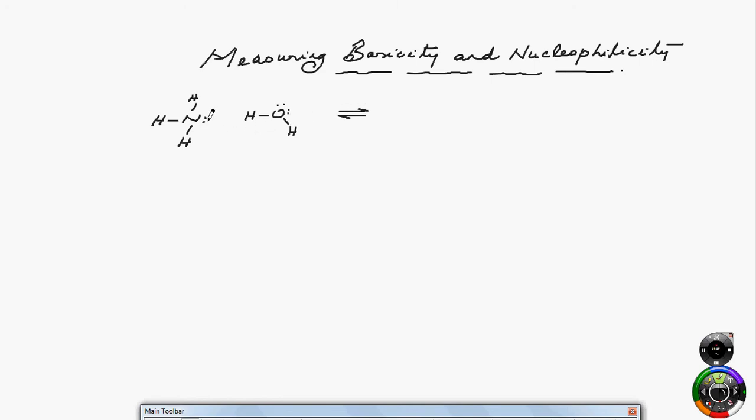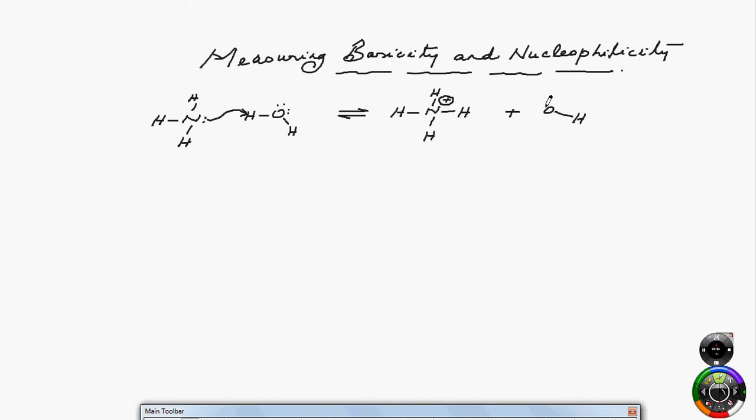This pair of electrons of nitrogen is donated to the proton and it forms NH4 plus plus OH minus.